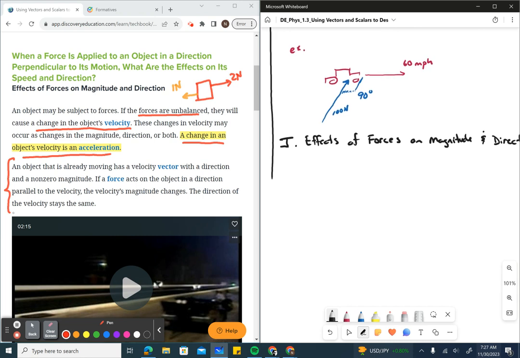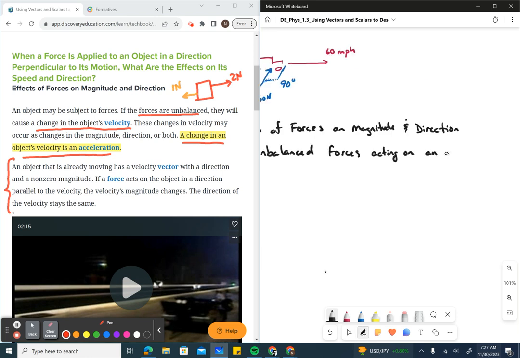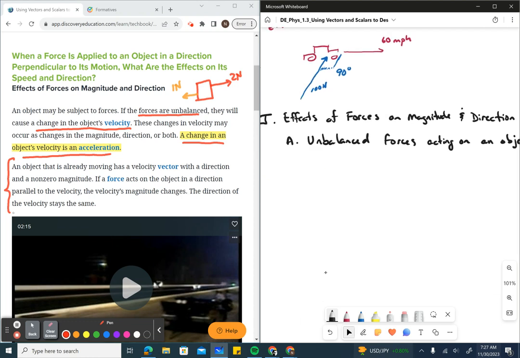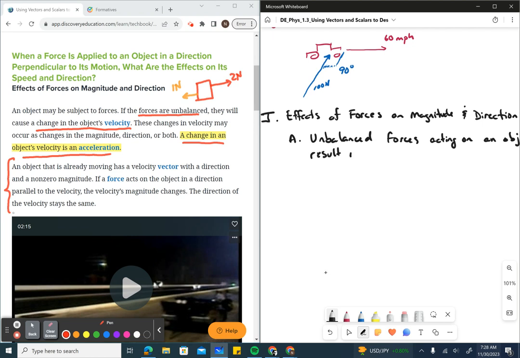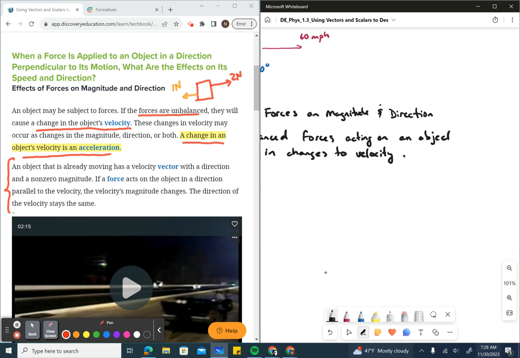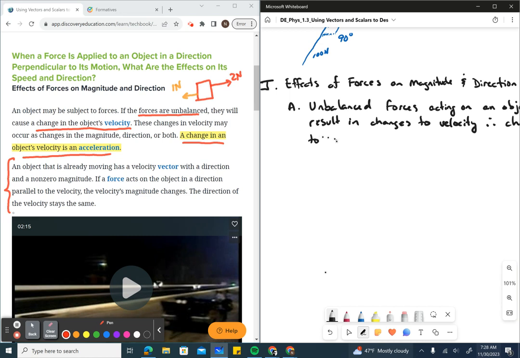Okay, so let's first say here, capital A, unbalanced forces acting on an object result in changes to velocity, therefore changes to acceleration.